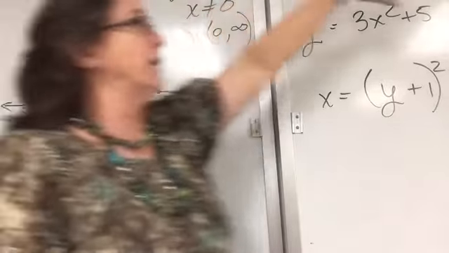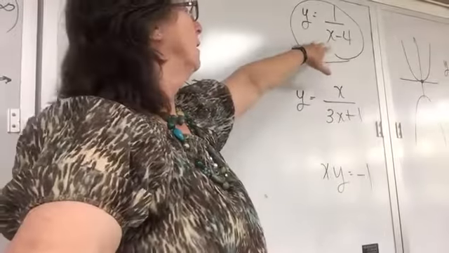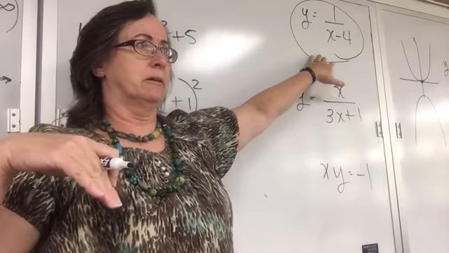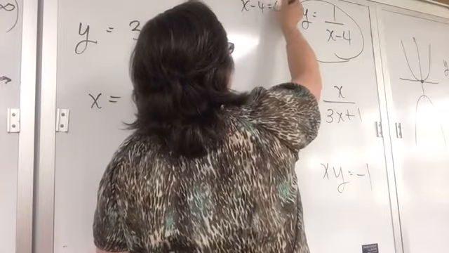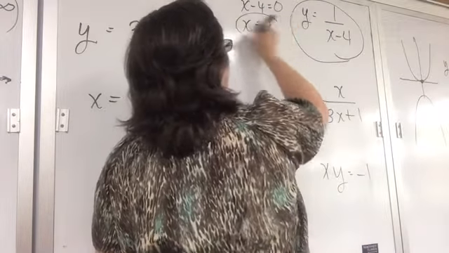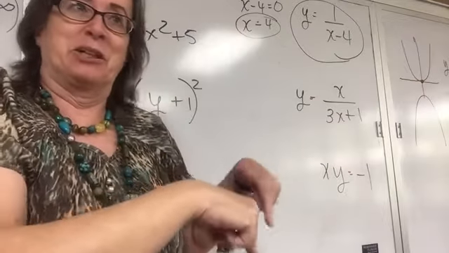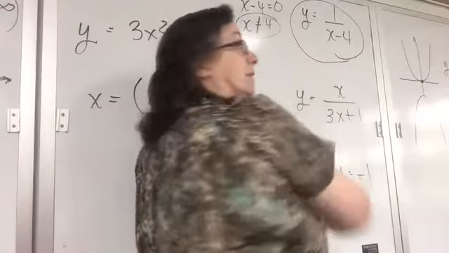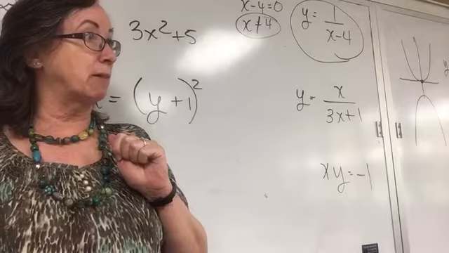But over here, what makes this one go to 0 on the denominator? Okay, so we set x minus 4 equals 0 when x is equal to 4. Okay, since I don't want the denominator to go to 0, because that means I'm undefined, I say x should never equal 4, because it makes the denominator go to 0.